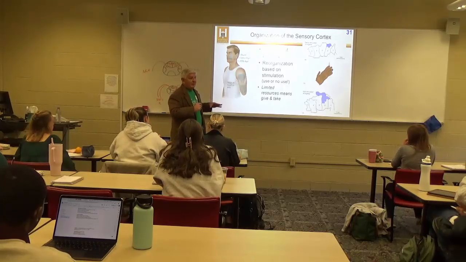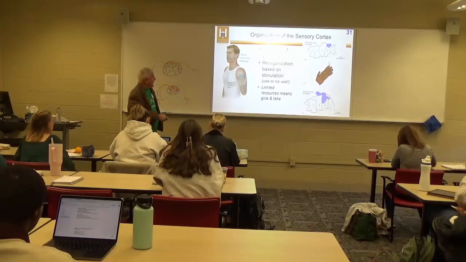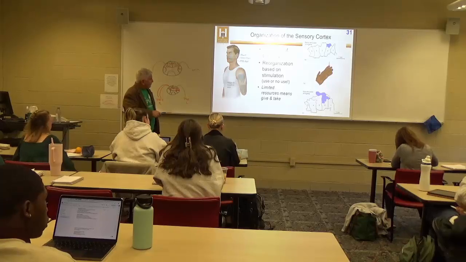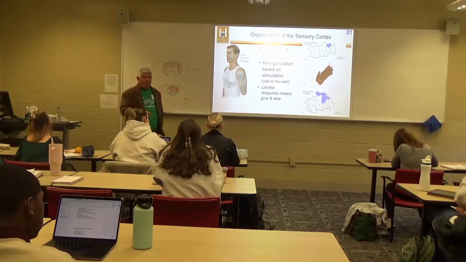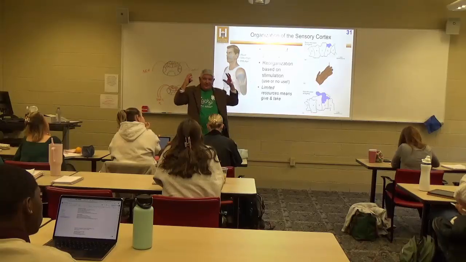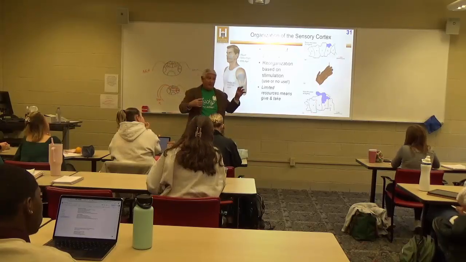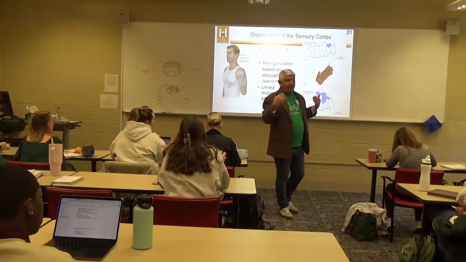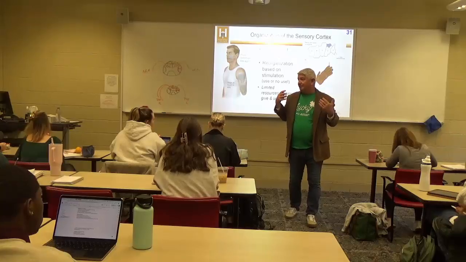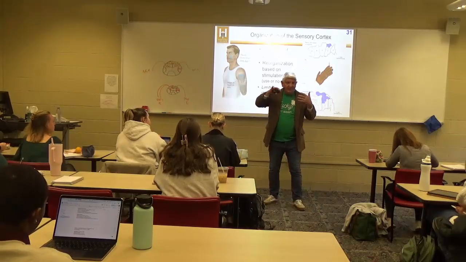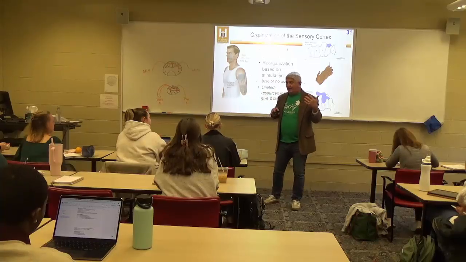Also, there's plasticity. So when, for example, somebody has an amputated arm and no longer has that big area of the cortex being stimulated by their fingers, right? What is the adjacent area next to that? You look at the homunculus, what was next to the hand?